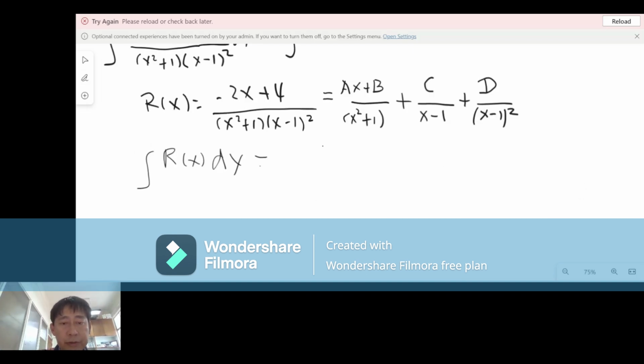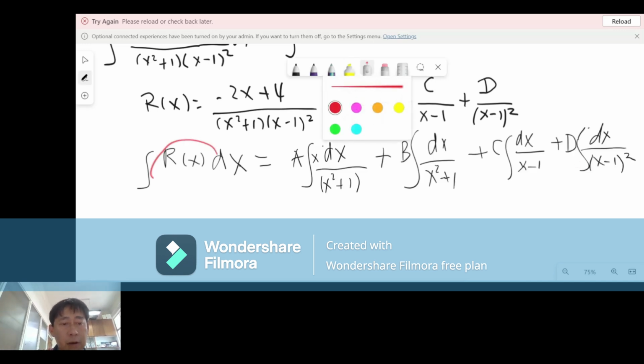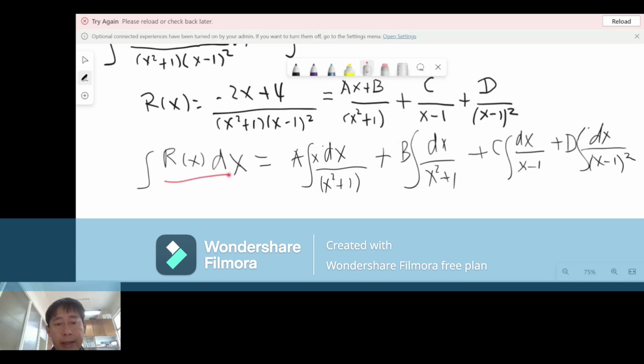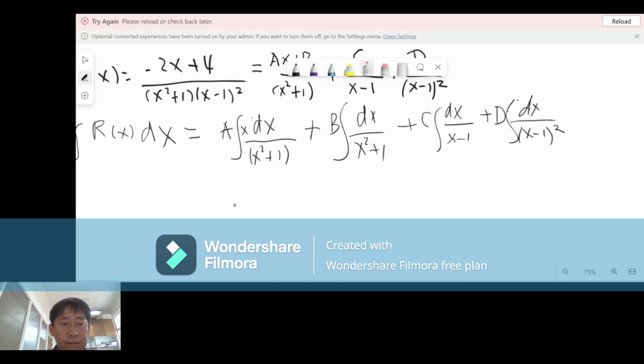Therefore, the integration of the fractional function r could then be decomposed into four different integrations of the following form. The integration of the original fractional function can then be obtained by summing up the individual integrations a, b, c, d terms independently. Proceed with our calculation.